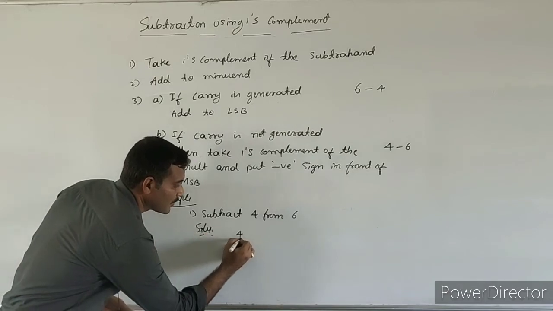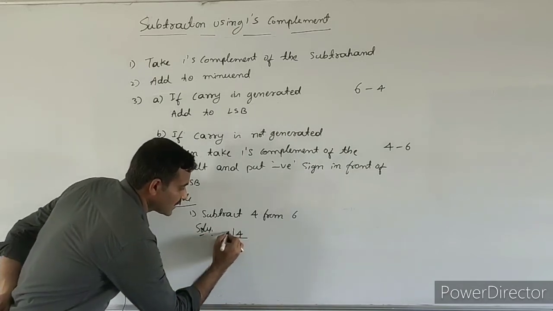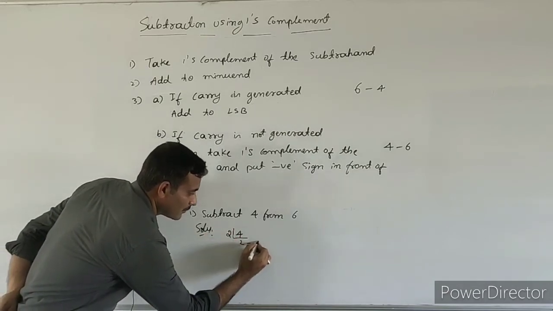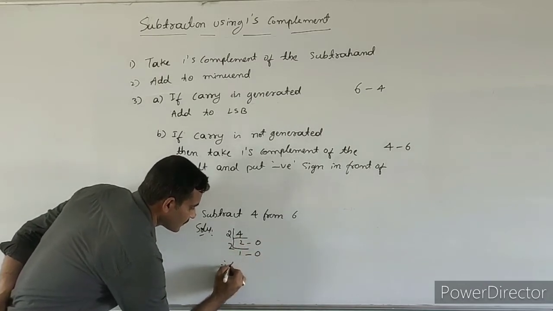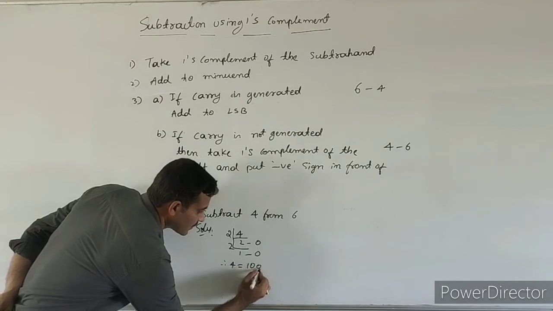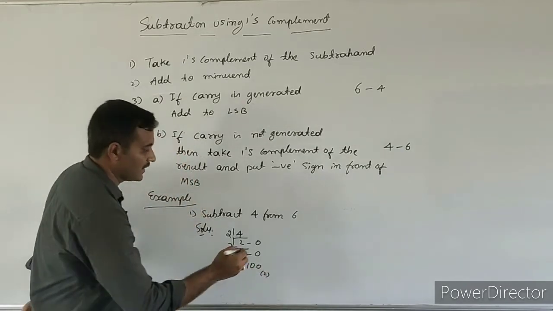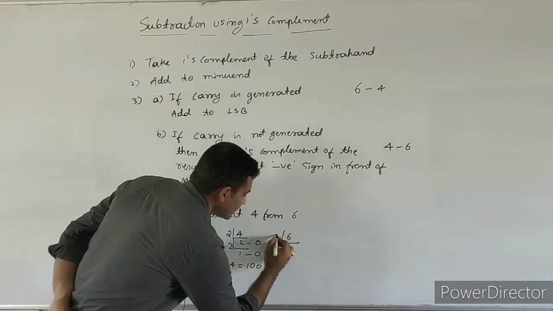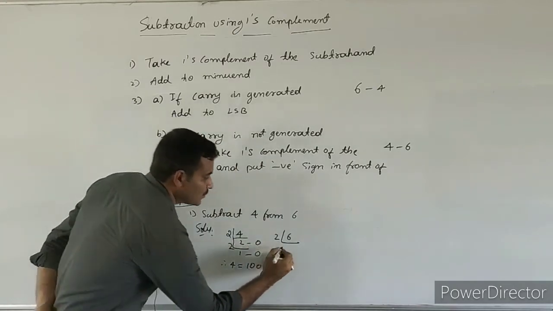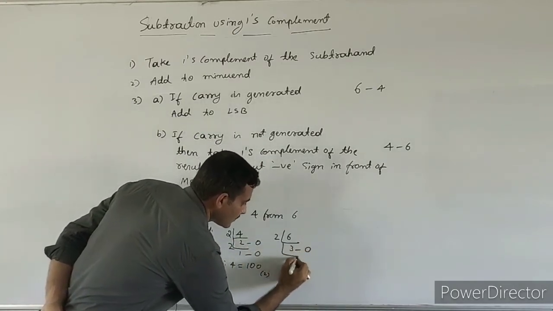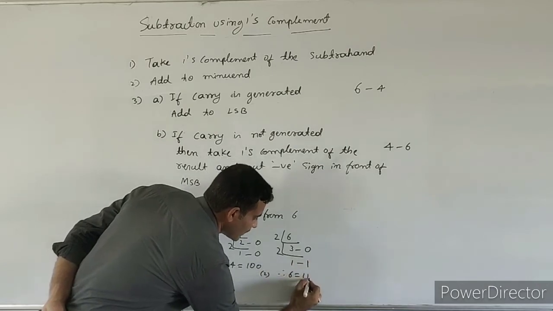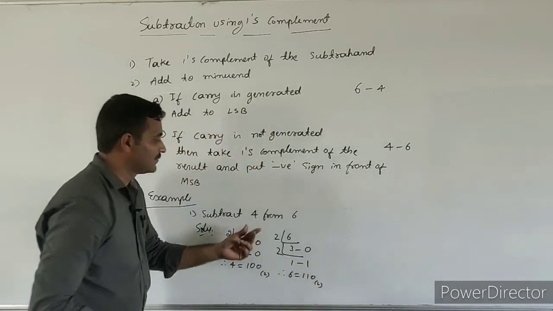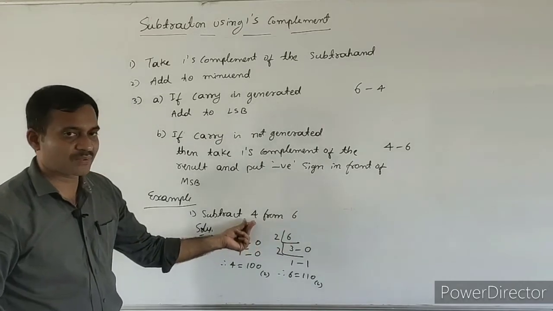How to convert 4 to binary? Repeated division method. 2 2s are 4, remainder is 0. 2 1s are 2, remainder is 0. Therefore, 4 is equal to 100 in binary. Then for 6, again repeated division by 2 method. 2 3s are 6, remainder 0. 2 1s are 2, remainder is 1. Therefore, 6 is 110.